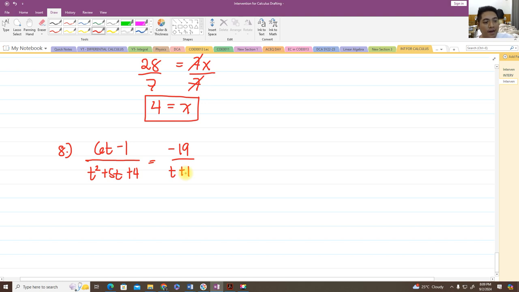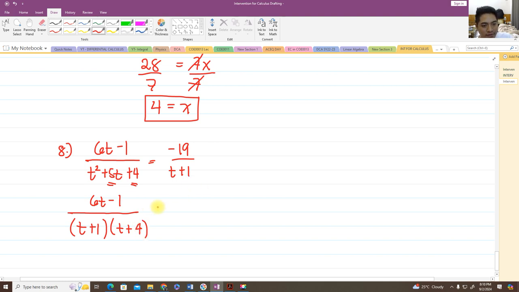First, we have to identify or simplify the denominator. What two numbers, when you multiply, result in positive 4, and when you add, result in positive 5? That is 1 and 4. Positive 1, positive 4. So t plus 1, then t plus 4.